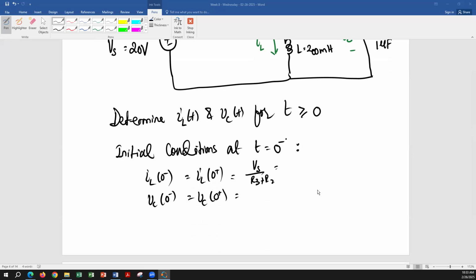Okay, IL0 is Vs over R3 plus R2, and that is 0.1333 or 133.3 milliampere.